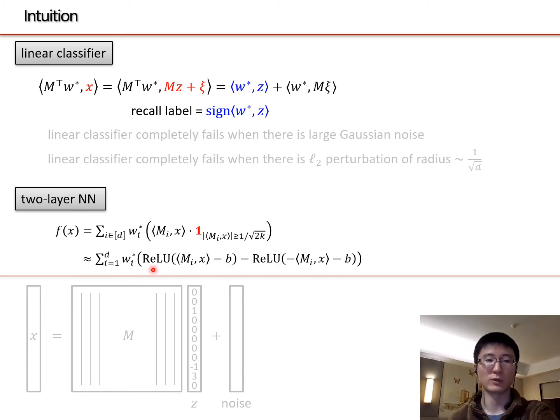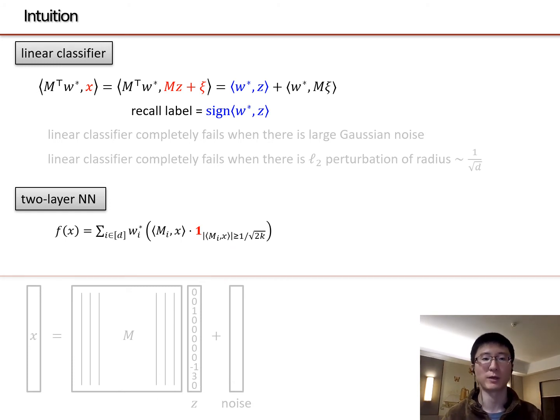Okay, and using the ReLU activation. So here's the bias. If you take it to be 1/√2 times k, then this function, you can approximate it just by the thing above, with an indicator function times the linear part. Okay, so just believe me, this is true.